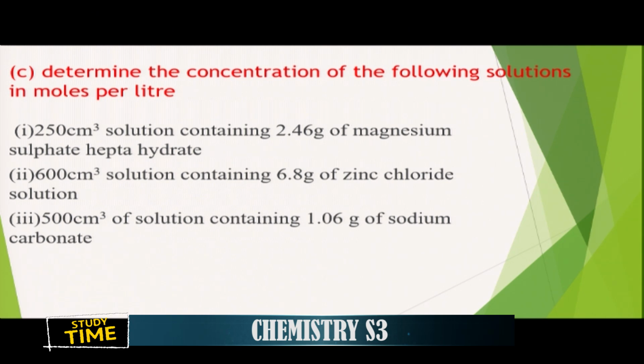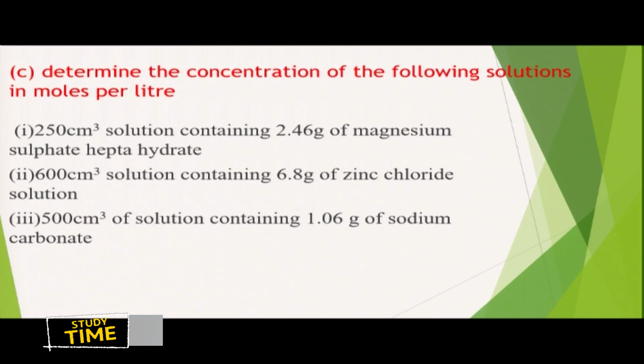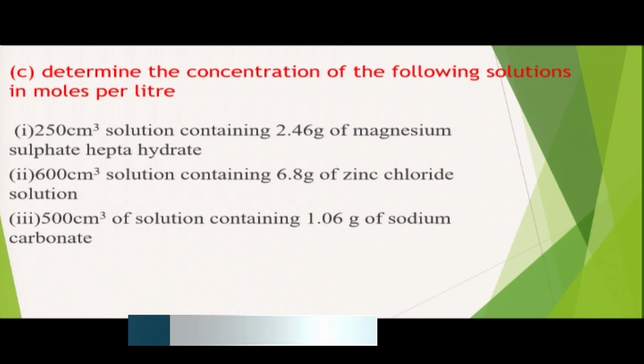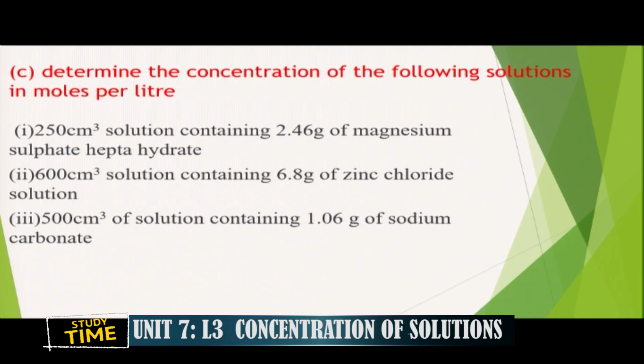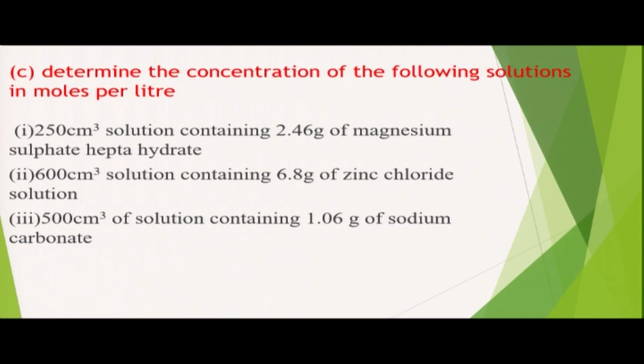So we get 0.01 over, that is a quarter. A quarter is equivalent to 0.25. That is 250 divided by 1,000.